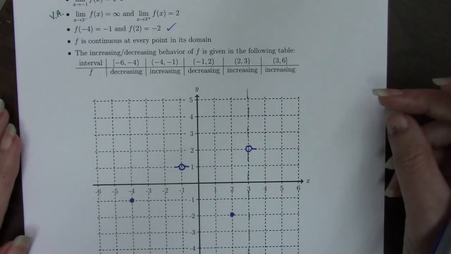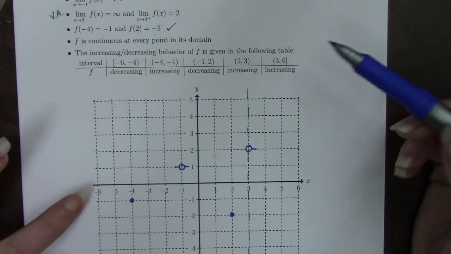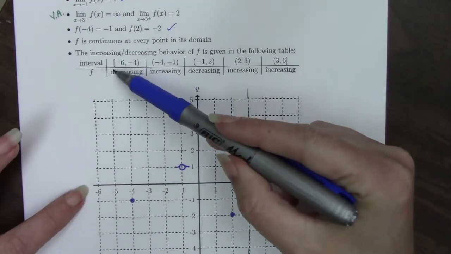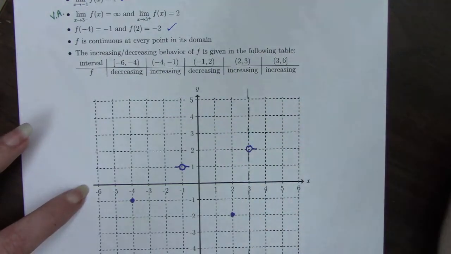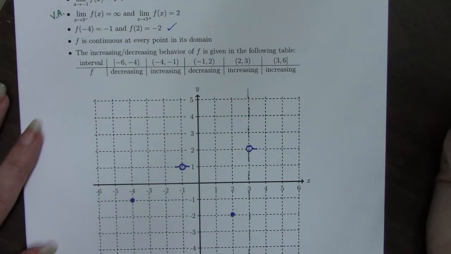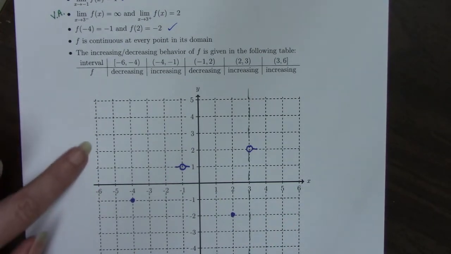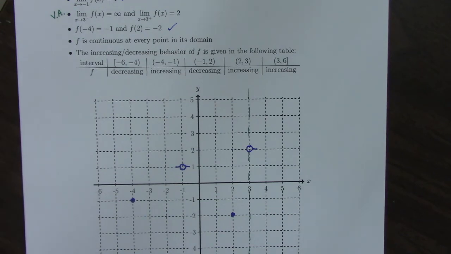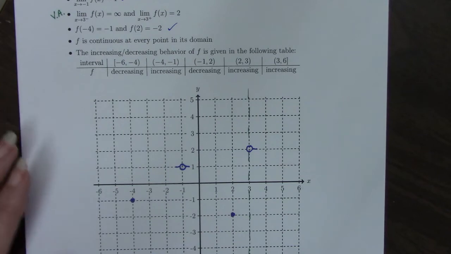The next thing we're given is a chart, and it says that the graph is increasing or decreasing according to the following behavior of the graph. So from -6, and notice this is closed here, from -6 to -4, the graph is decreasing. It doesn't give me any more information about what's happening at -6, so you really have a lot of flexibility here on where on the y-axis you decide to start this point.